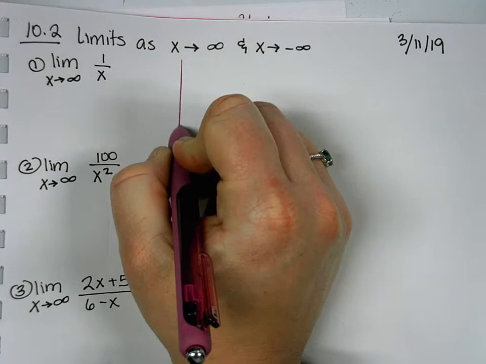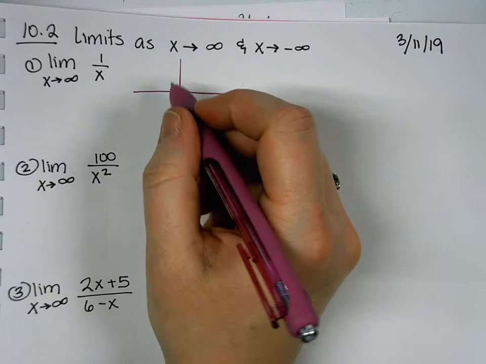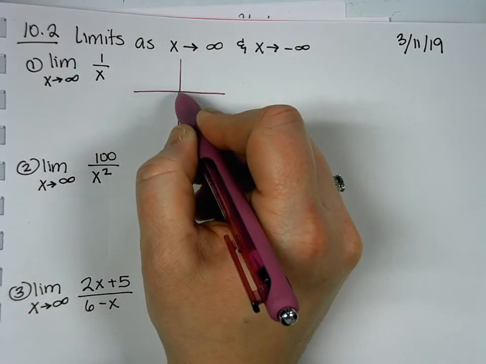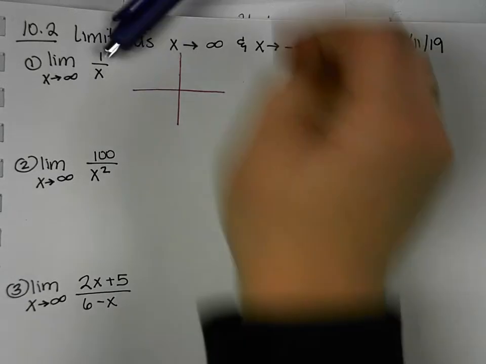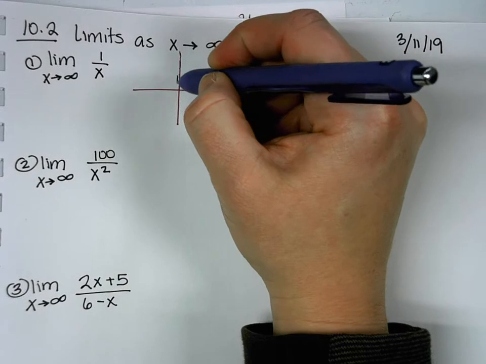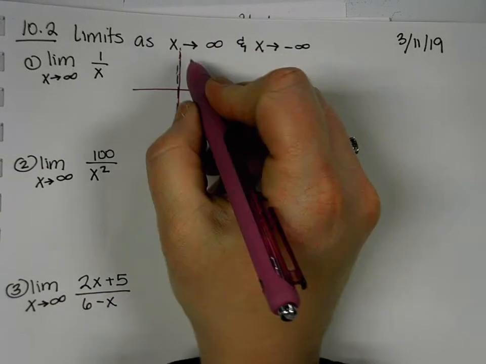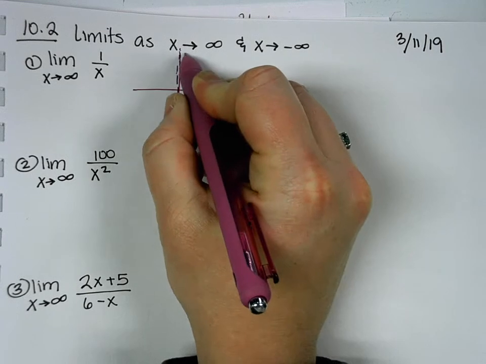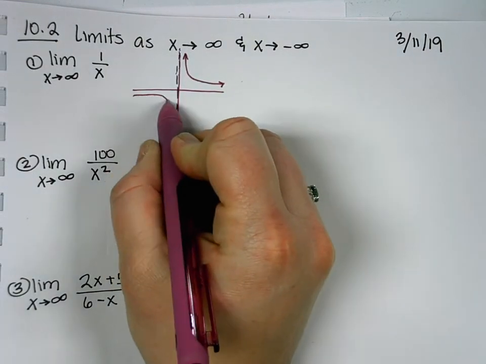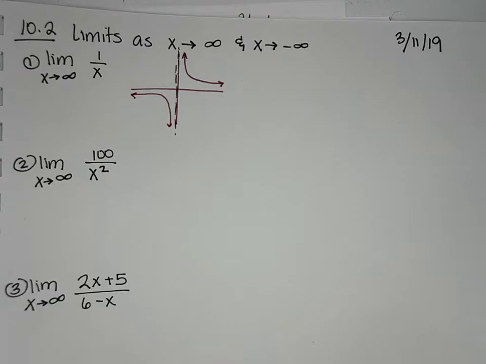If we sketch the graph, because sometimes that does help, we do have an asymptote, because x cannot equal 0, so we're going to have an asymptote on our y-axis, which means our graph ends up looking something like this. Because again, x can also never equal 0, meaning we'll never get y equals 0.